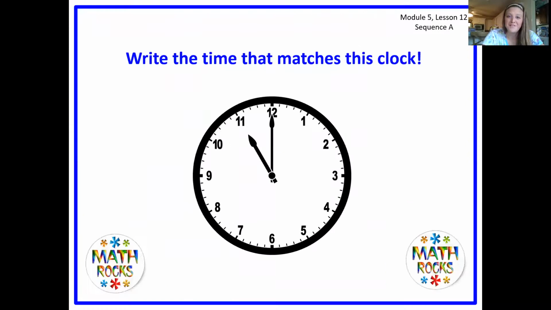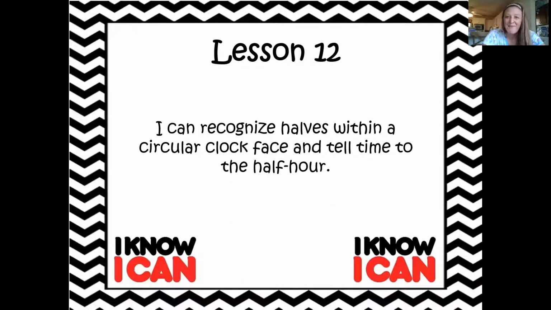You should have done this fluency already with Miss Buford. We're going to look at lesson 12, so you can see that you can recognize halves within a circular clock face and tell time to the half hour. So we're going to look at that, and we're going to look at different fractions of our clock, okay?